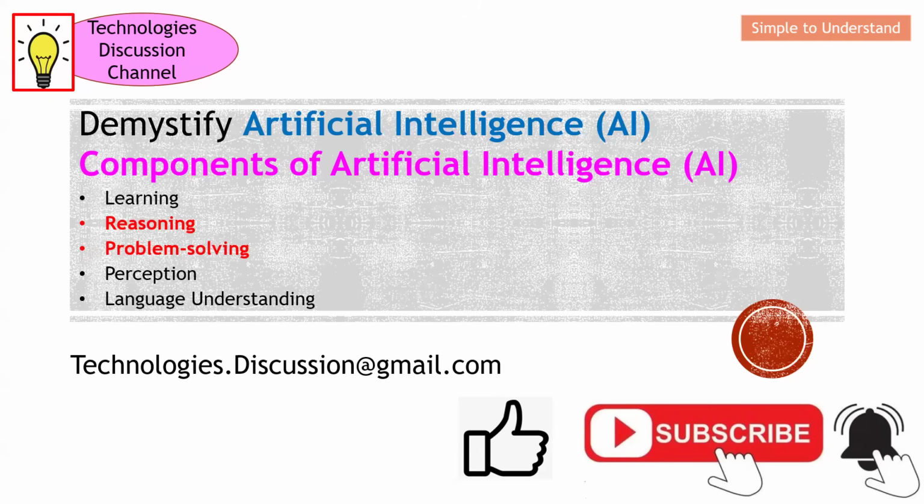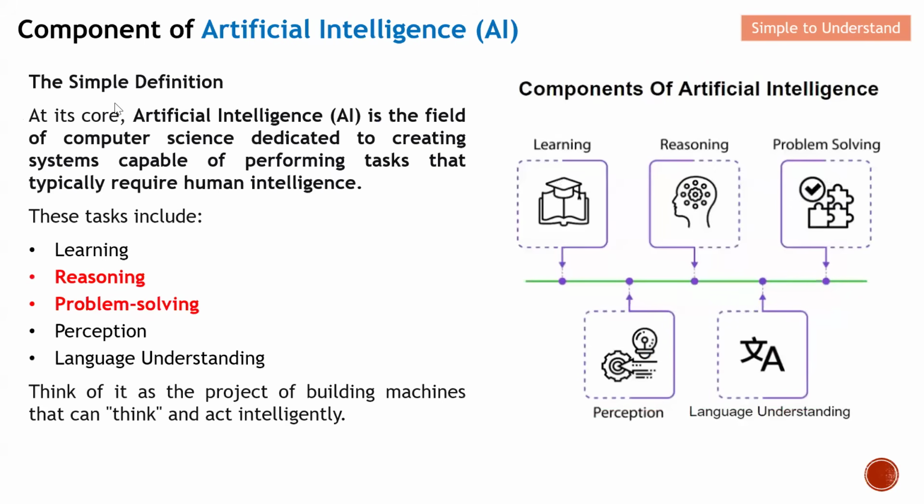Let's quickly take a closer look. What is AI? I defined this early on, but let me quickly explain the definition of AI. AI is the field of computer science dedicated to creating systems that are capable of doing certain tasks that require human intelligence. Basically, AI is to replace human intelligence in executing a task.